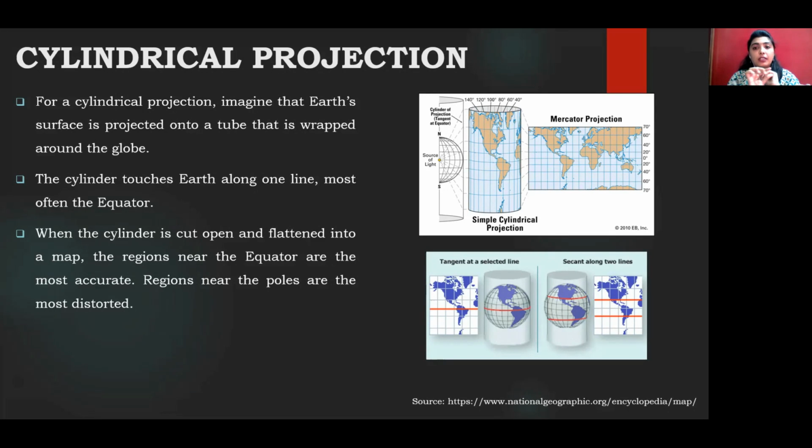The equatorial areas are majorly represented properly in a cylindrical projection. When I cut the paper cylinder open and flatten it for a map, the regions near the equator will be most accurate, and the regions near the poles will be the most distorted.